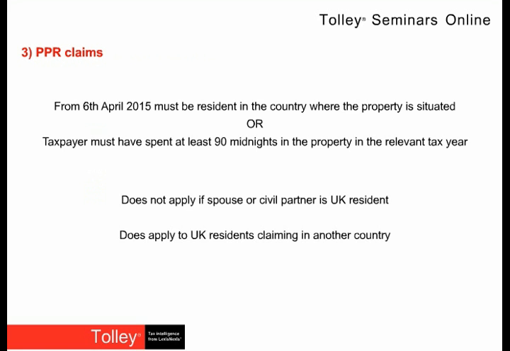But the rule does apply slightly wider than you might think, because if a UK resident individual wants to claim that a property in another country is actually their PPR, they will once again have to spend at least 90 days in that property in the relevant tax year after the 6th of April 2015. So they may well have claimed relief prior to April 2015, but that won't be available to them any longer unless they spend 90 days in the property concerned.